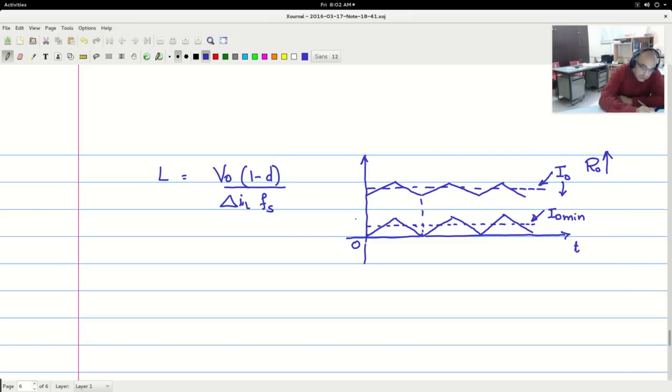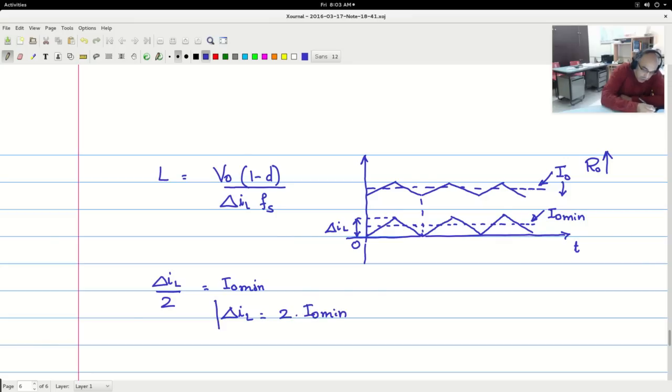So in this limiting case, if this was supposed to be the delta IL, so you will see that delta IL by 2 would be equal to I naught minimum. Or delta IL is equal to 2 times I naught minimum.